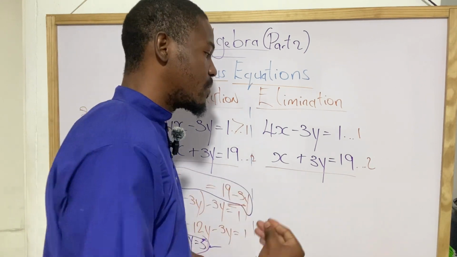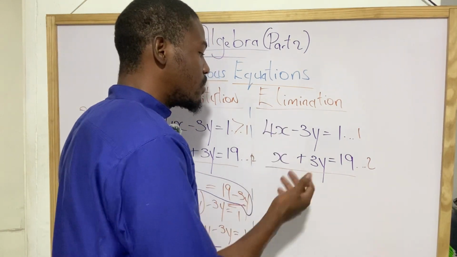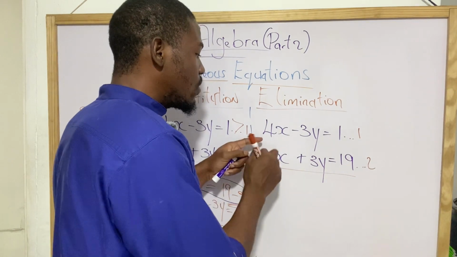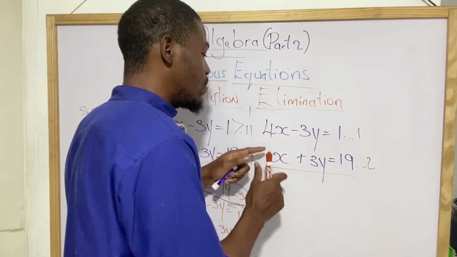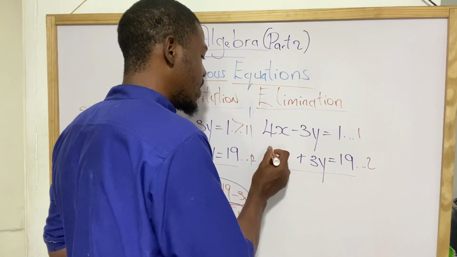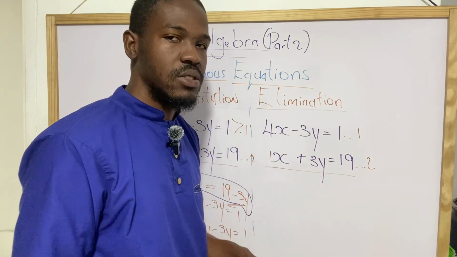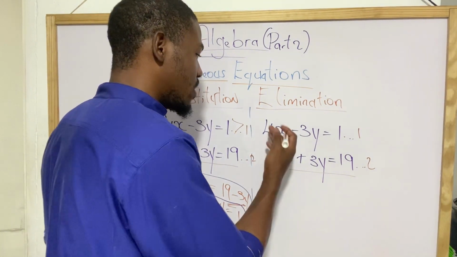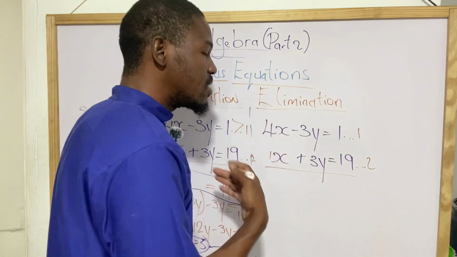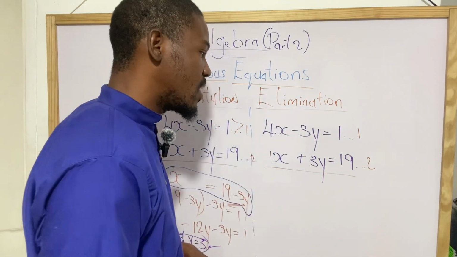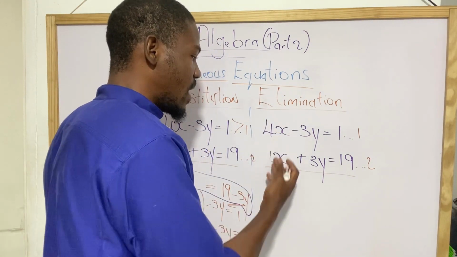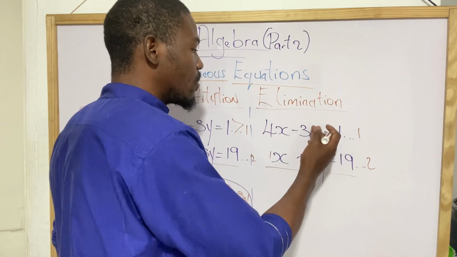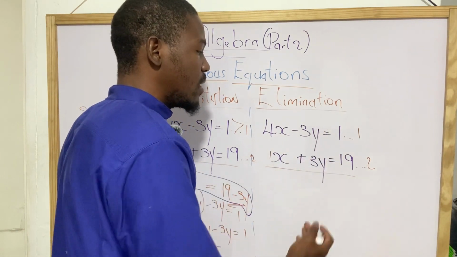So the pairs of coefficients of one of the variables must be the same. If we look here, we see 4 and we see 1, because just having the x right there means that the coefficient is just 1. So we cannot readily eliminate the x. There is a way we can go ahead and eliminate the x, but right now we can't do it. But here we can go ahead and eliminate the y.